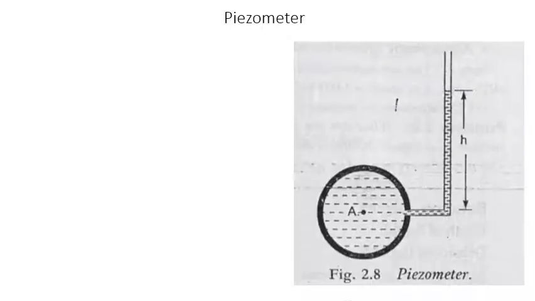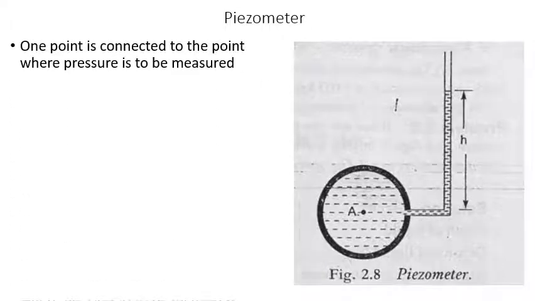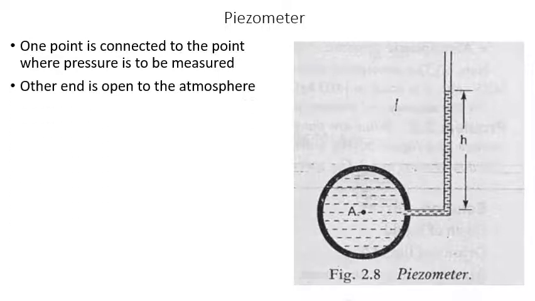The first one is the piezometer. This figure 2.2 shows the arrangement of a piezometer. Here I want to measure the pressure at point A. In this type of piezometer, one end is connected to the point where pressure is to be measured, that is, point A. The other end is open to atmosphere.